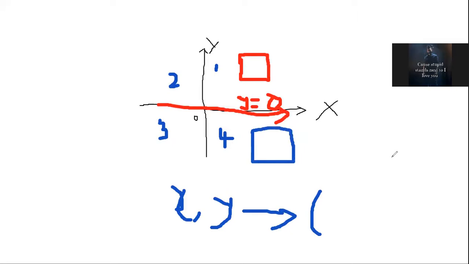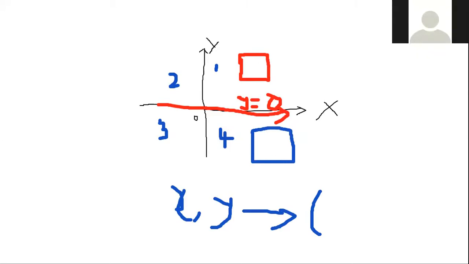If the value on the horizontal axis is going to be what? In terms of X and Y, what will be the value and the sign?